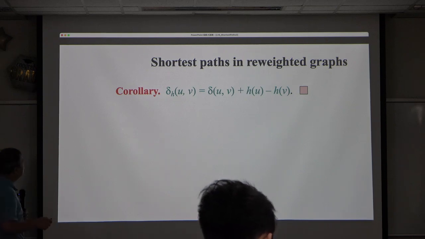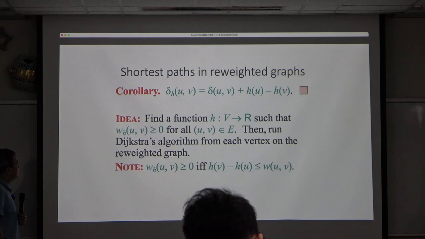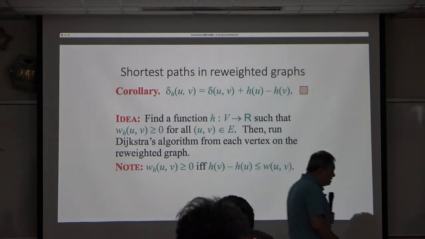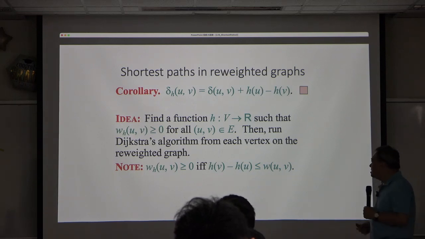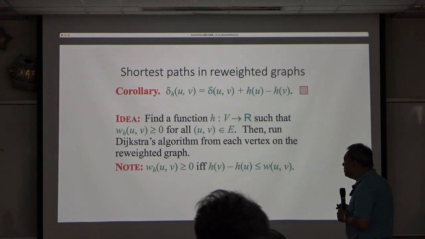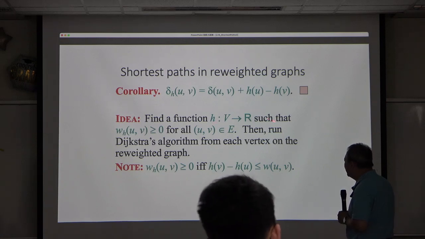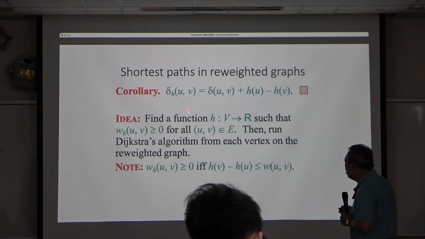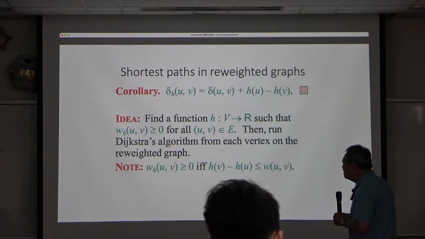Okay. So think about this. We could do something like this. We could find a function h such that we make W_h(U,V) greater or equal to 0 for all (U,V). Try to change every edge to be greater or equal to 0.